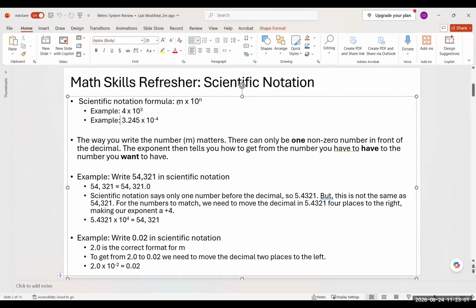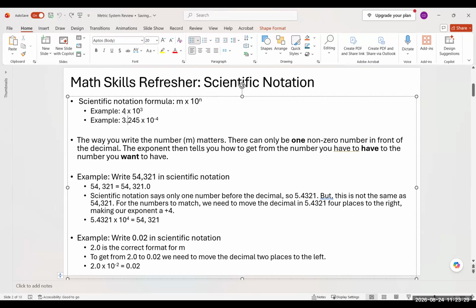The key here is that when we're talking about M, this number that starts off the whole thing, you can only have one non-zero number in front of the decimal. The rest of the number will go behind the decimal. This will make more sense in a second as I do some examples. But I need you to notice there's only one non-zero number, then a decimal, then the rest of the number.